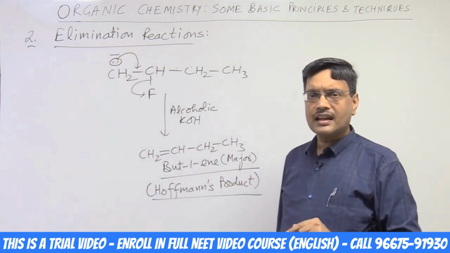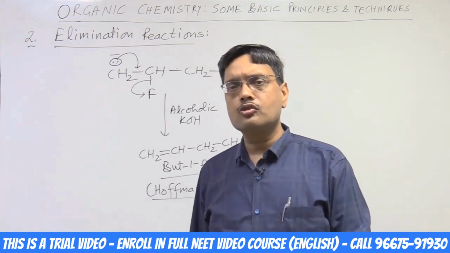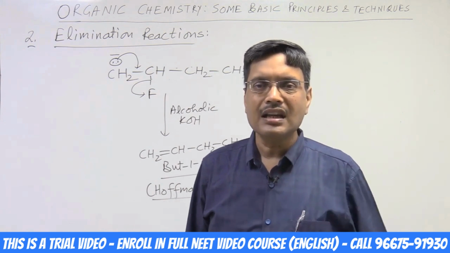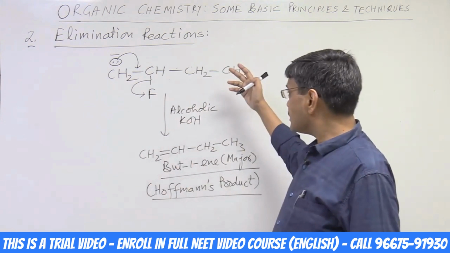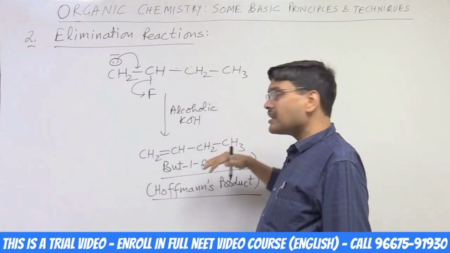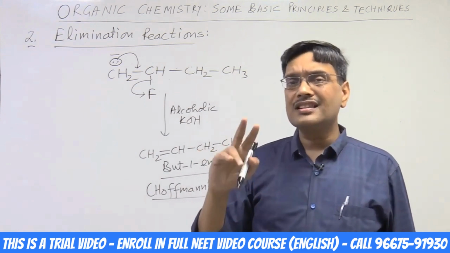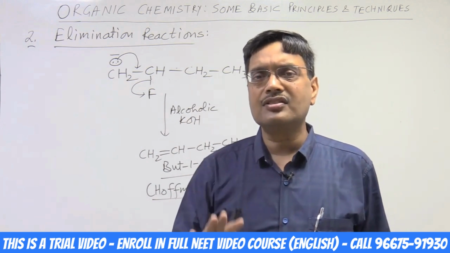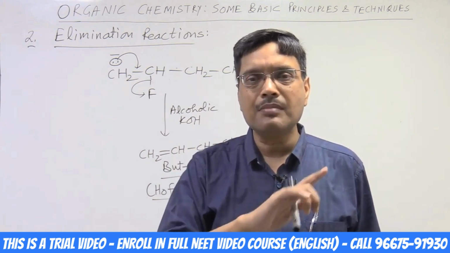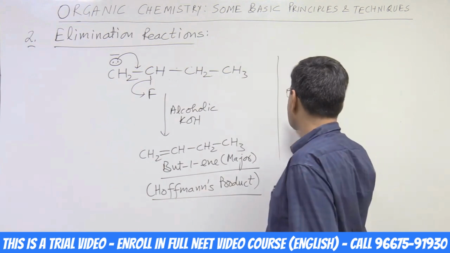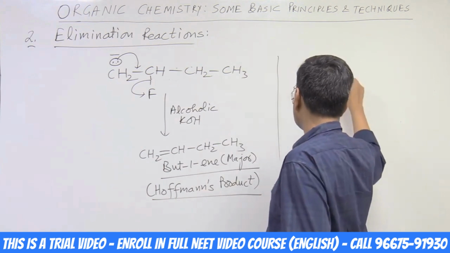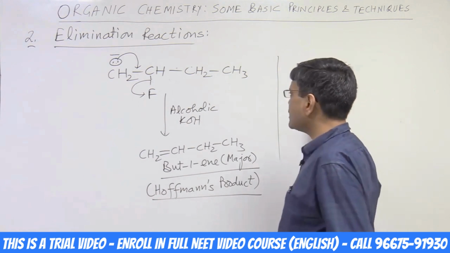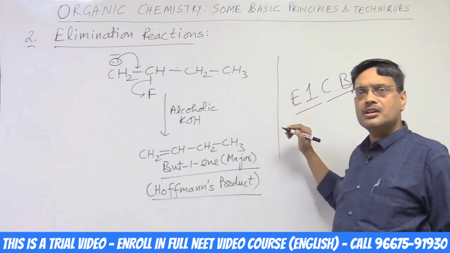So we can say that this reaction proceeds through the conjugate base intermediate, in two steps. So this is the E1 reaction and the conjugate base is formed. So the overall reaction is known as E1CB mechanism. CB stands for conjugate base. One is used because the reaction proceeds in two steps.